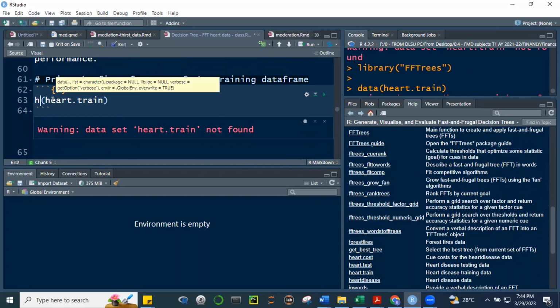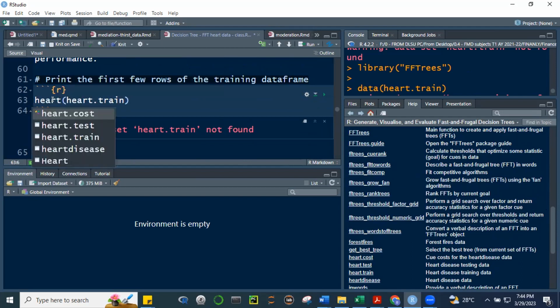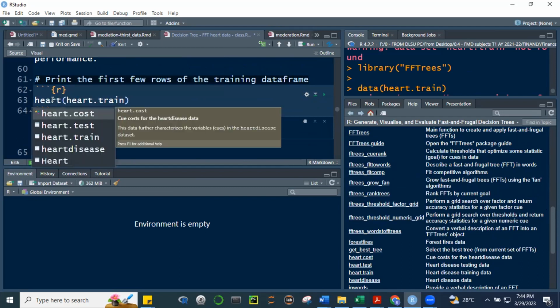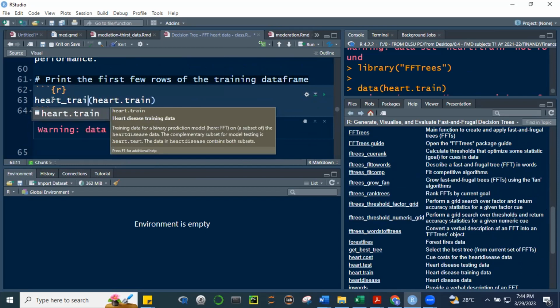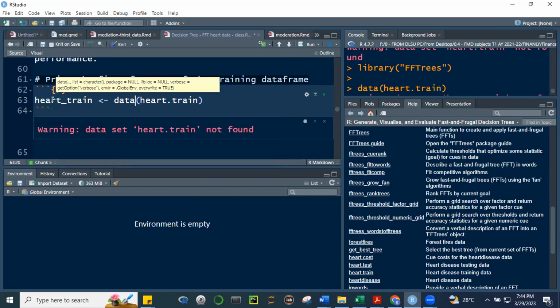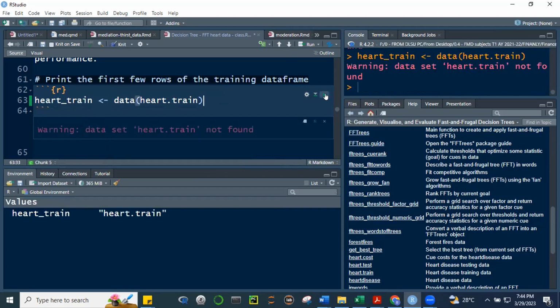Okay, or let me give it a name. Heart. Bigyan ko nga ng pangalan. Di ayaw din, no?